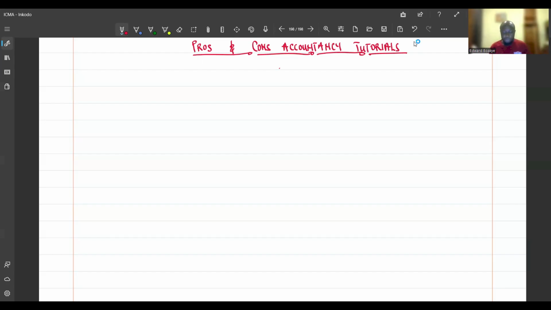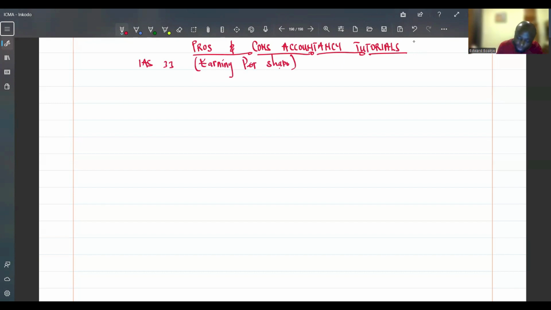So if we are supposed to put something down, we are dealing with IAS 33, and that is earning per share.